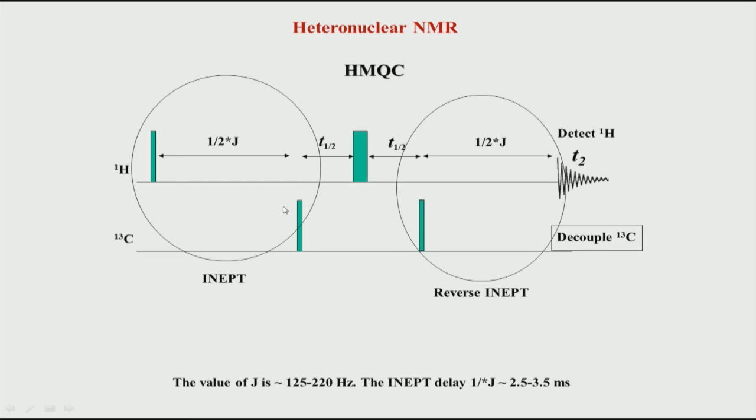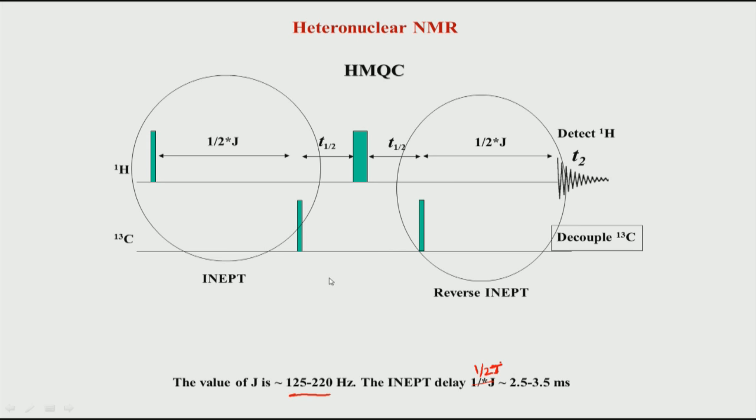If you want a very good transfer efficiency, then your delays here have to be tuned to the right values. So, the delay here should be 1 over 2J. Let me correct this: it should be 1 over 2J, and this value of J is 120 to 125 to 220 hertz depending on the carbon you are looking at, and therefore the value, if you calculate, is roughly in this range.